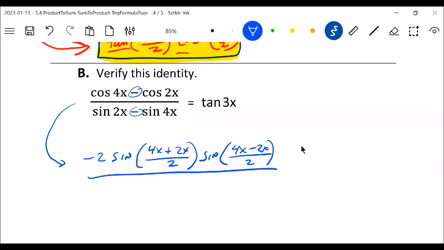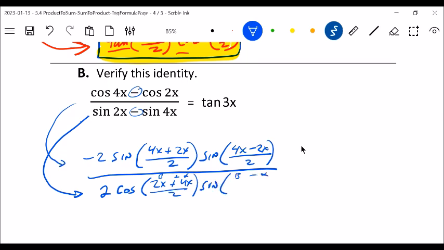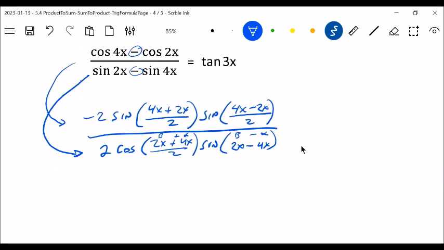And on the bottom now, that's where the second one goes. For sine minus sine, the formula is 2 cosine of (2x plus 4x), beta plus alpha, over 2. And then sine, and here it's beta minus alpha, which means it's 2x minus 4x over 2. So the 2's go away.